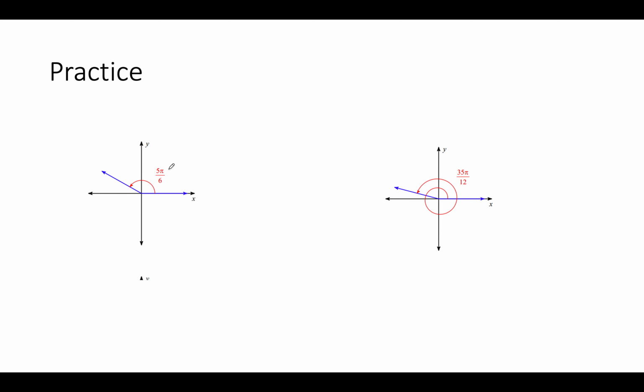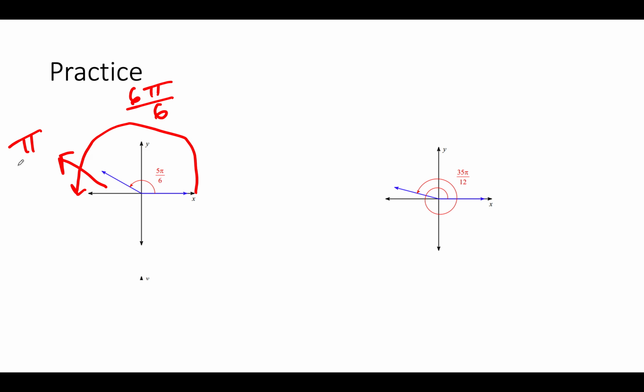When you're talking radians, I see students do this a couple of different ways. One way to think about this, though, is if that distance is 1 pi, and 1 pi could be written as 6 pi over 6, I like to look at it as how short am I of 6 pi over 6 if I stopped at 5 pi over 6.